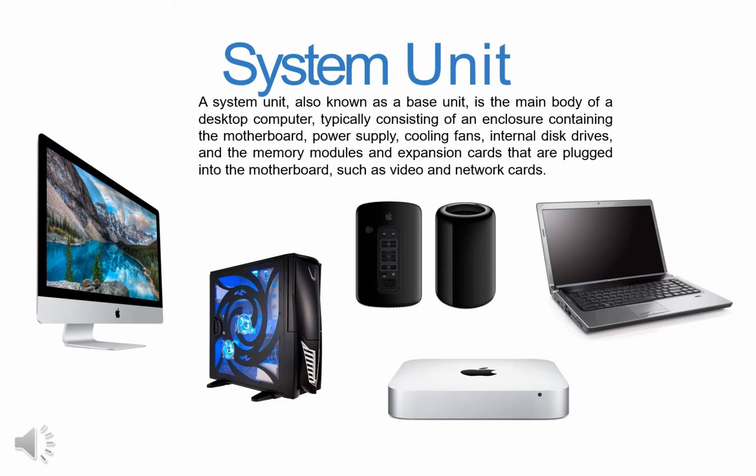So students, generally the system unit, which is also known as a base unit, is the main body of a desktop computer, typically consisting of an enclosure containing the motherboard, power supply, cooling fans, internal disk drives, and the memory modules and expansion cards that are plugged into the motherboard, such as video and network cards, etc. So the system unit covers the major internal components that computer systems contain.